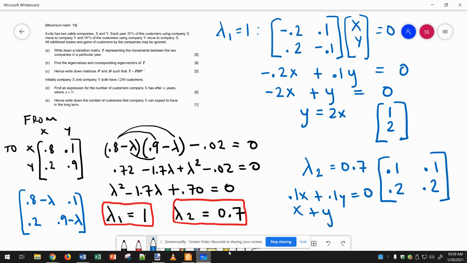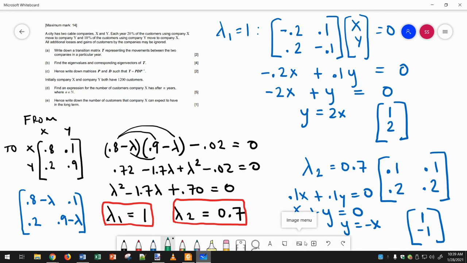Multiply by 10. Solve for y. We get y equals negative x. Now when we find the eigenvector, we again make x equal 1 first, and then y would be negative 1. And so these are the eigenvectors: 1, 2, and 1, negative 1.